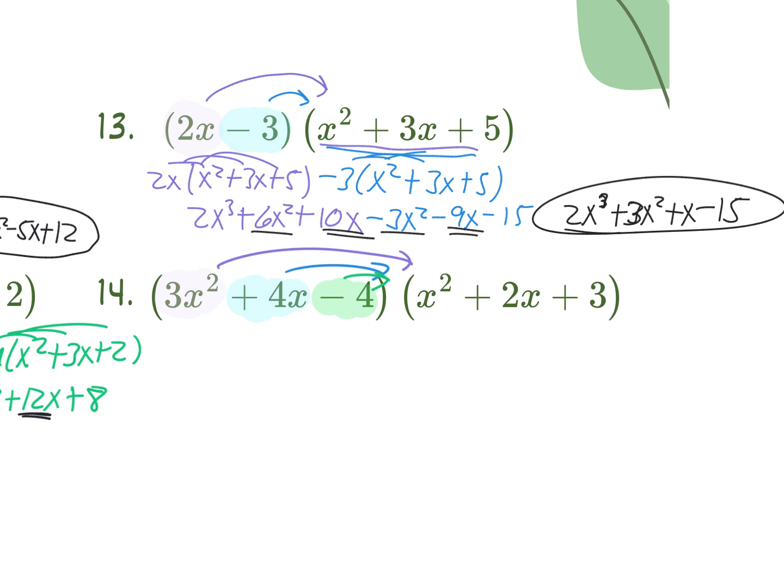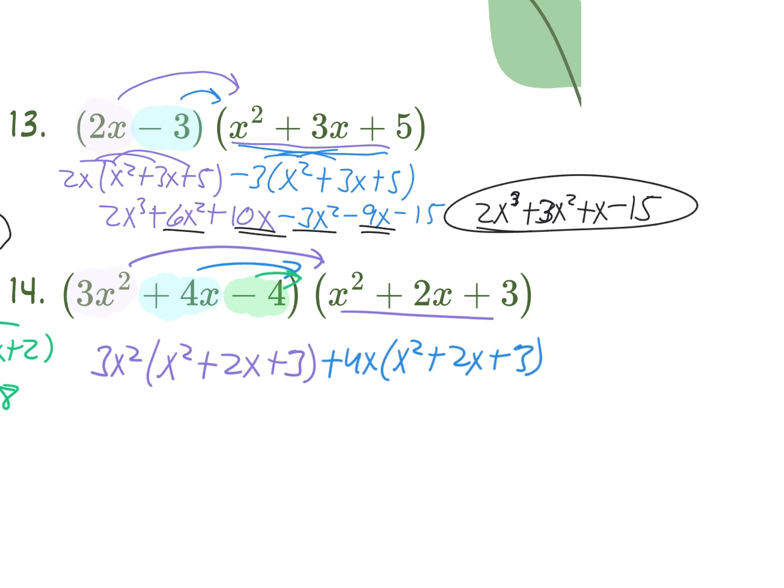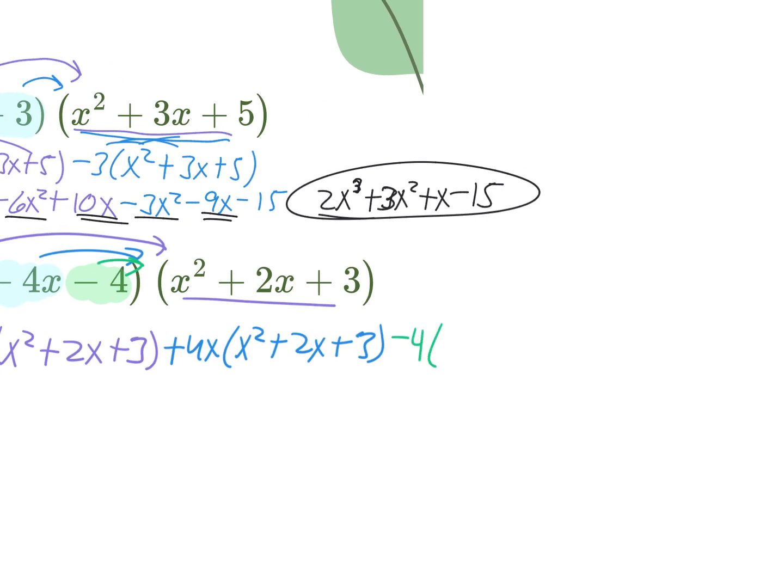So I'm going to take that first term, distribute it to everything, so 3x squared times x squared plus 2x plus 3. Take that second term, that 4x, and distribute it to x squared plus 2x plus 3. And then take that minus 4 and distribute it to x squared plus 2x plus 3.